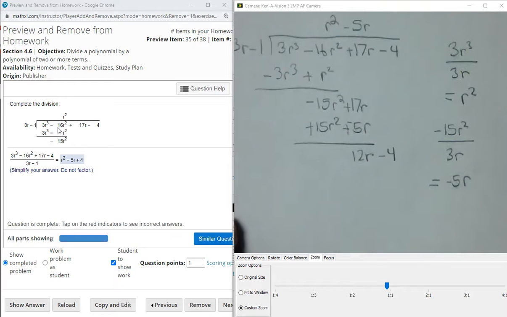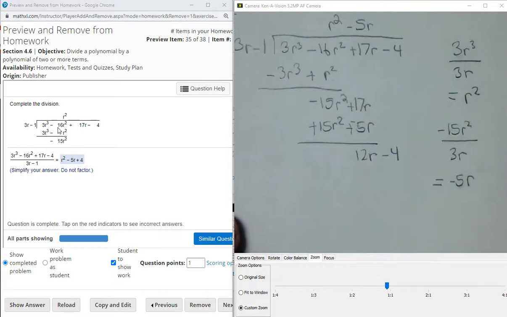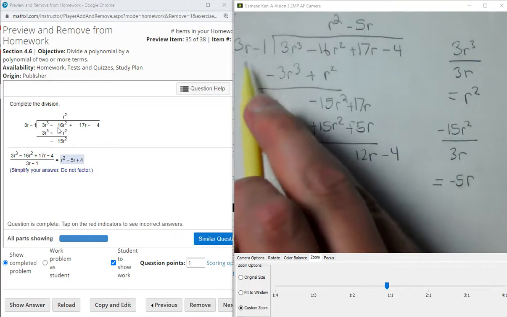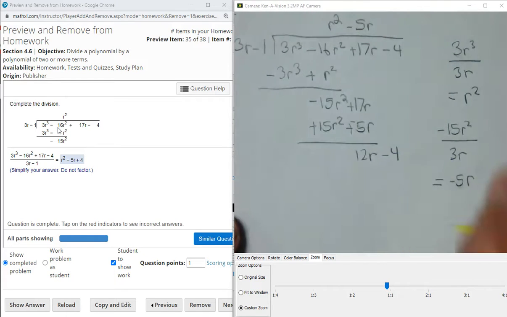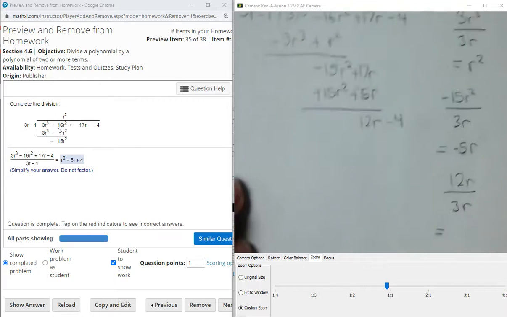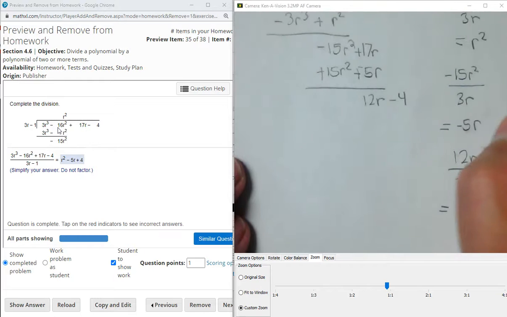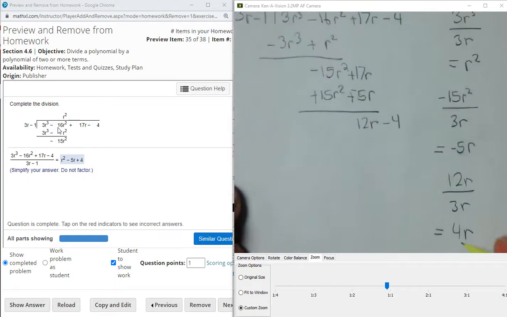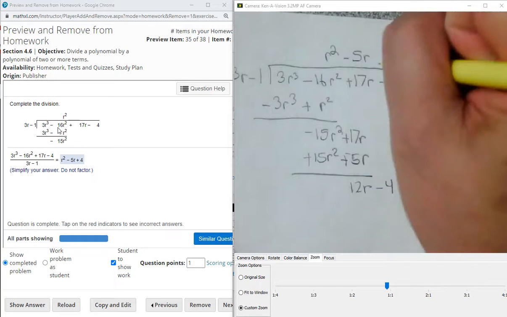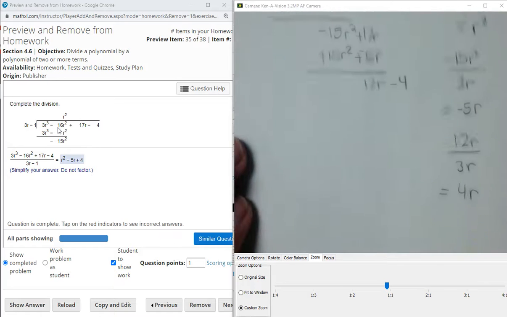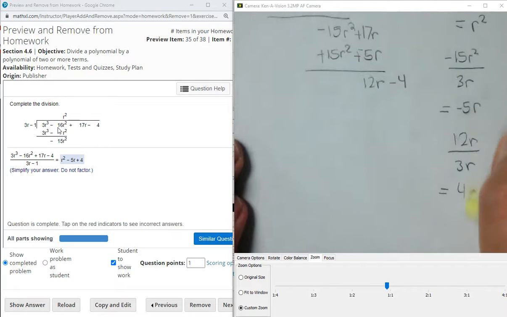So now I'm going to do this term right here, 12r, divided by the first term of the divisor. So I would do 12r divided by 3r, and that gets me to 4. I take the 4, sorry, not 4r, 4.